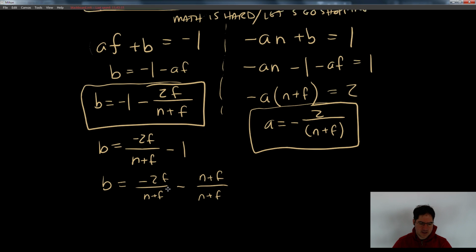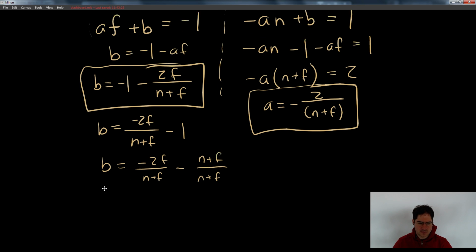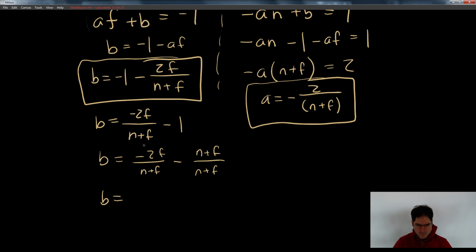And this is just, if you remember your junior high math, if I want to add 2 fractions, I have to make them the same denominator first. That's all I was doing there. And now I can combine them on the top. My b becomes -2f minus n minus f over n plus f.